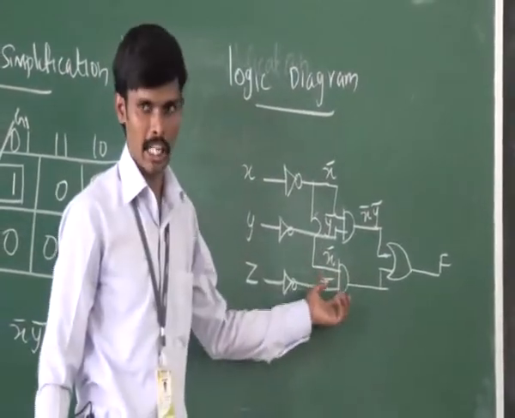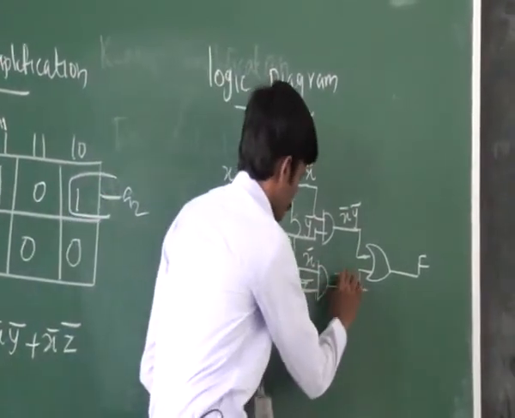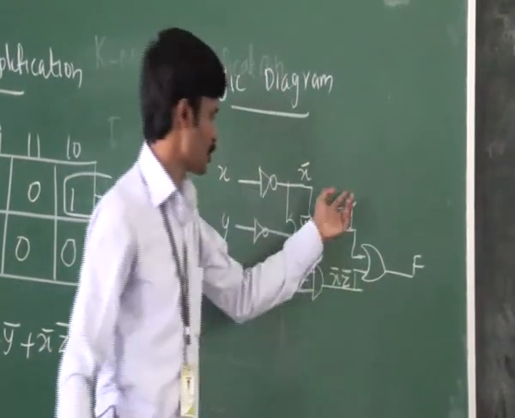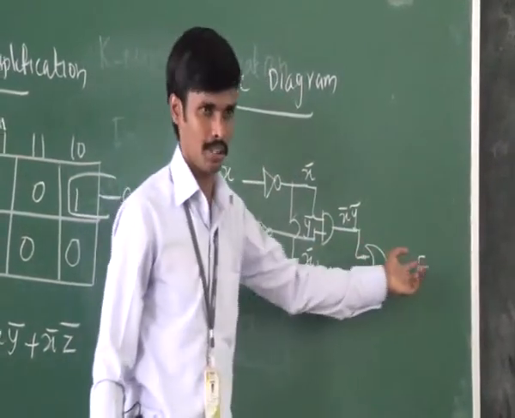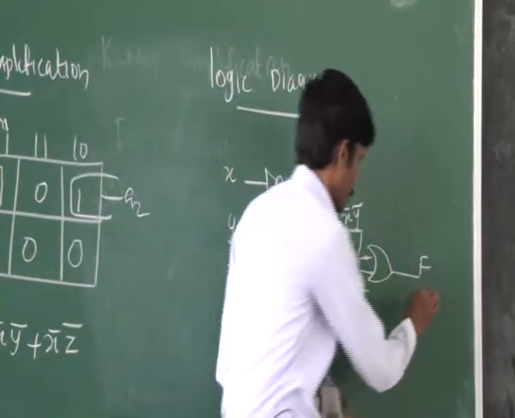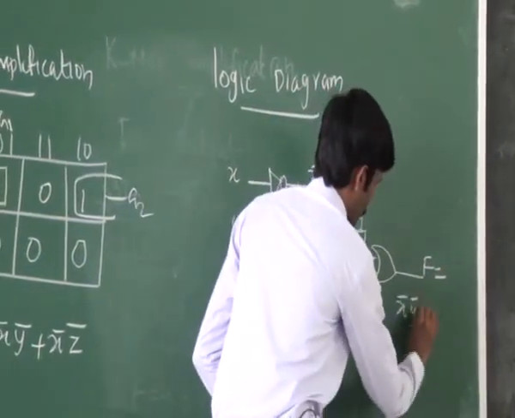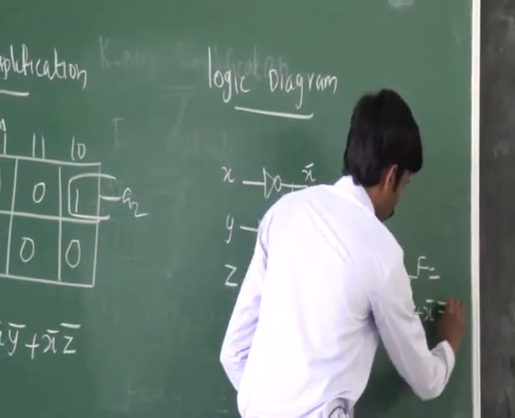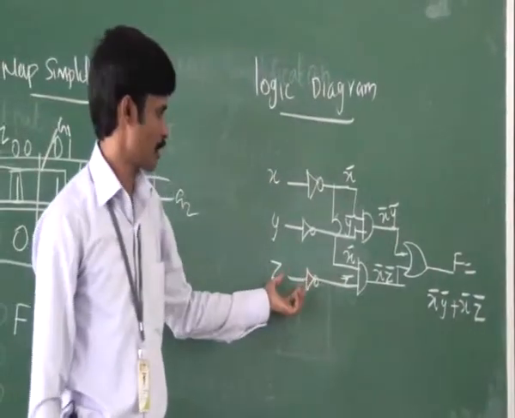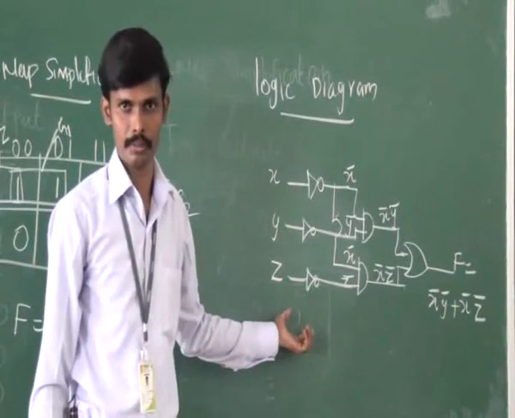Then the output will be X bar into Z bar. Then these 2 are ORed to get the final expression F, which is equal to X bar Y bar plus X bar Z bar. This is the logic diagram for the given combinational circuit.